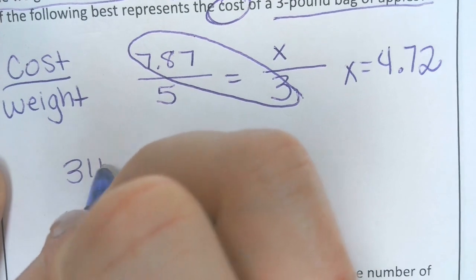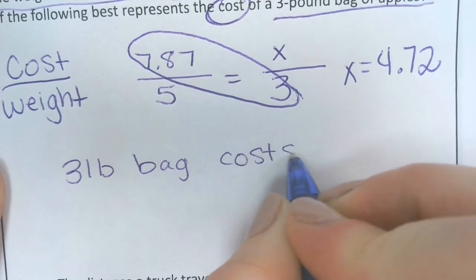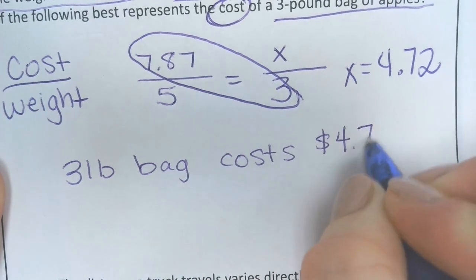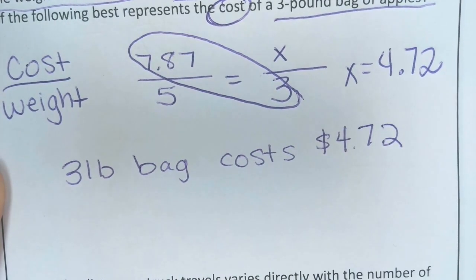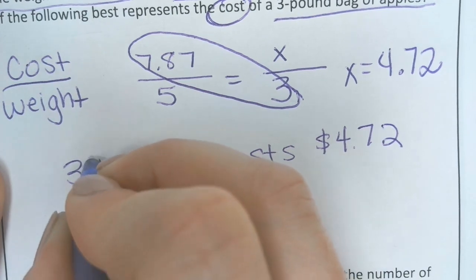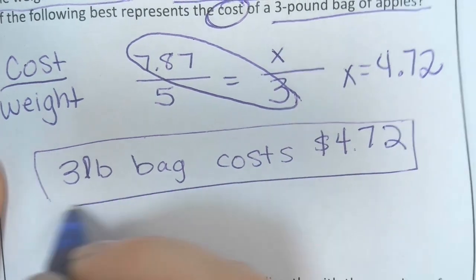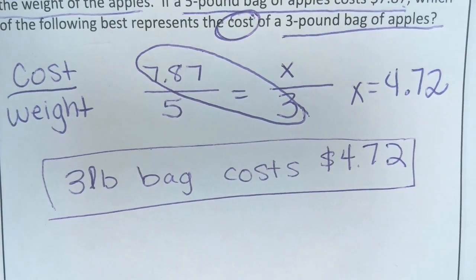So a 3-pound bag costs $4.72. That's an L, by the way. I'm going to do a cursive L. I want you to set up and solve number 6.